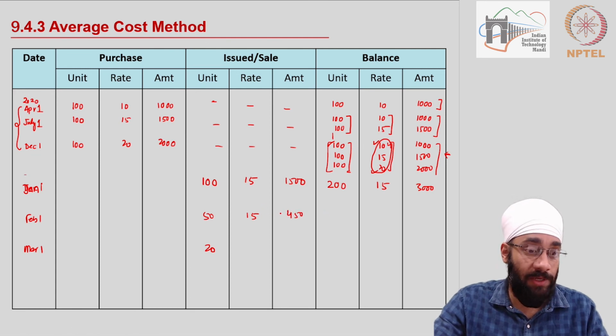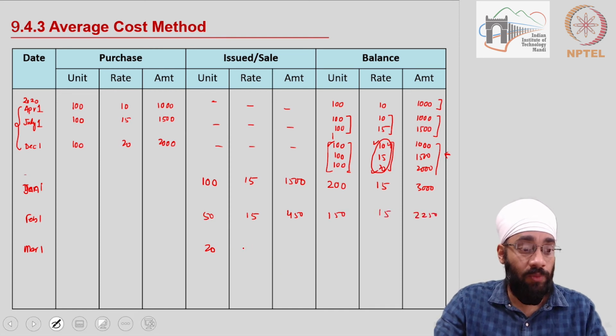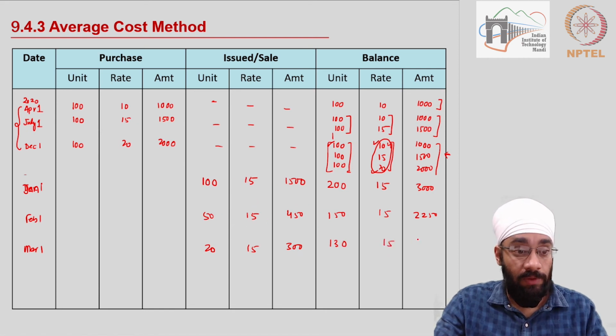So you're left with 150 units at 15. So 2250. This is the stock with you, and then again 15. You sell 300. You're left with 130 units of stock. Yeah, I think that's about right. And you're left with 1800 rupees worth of stock.